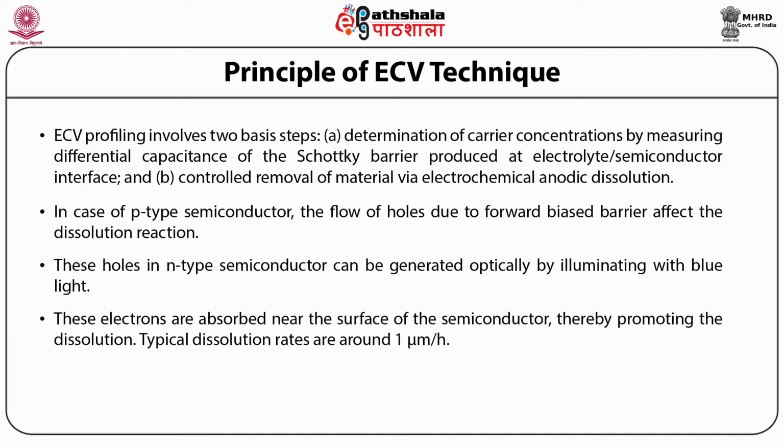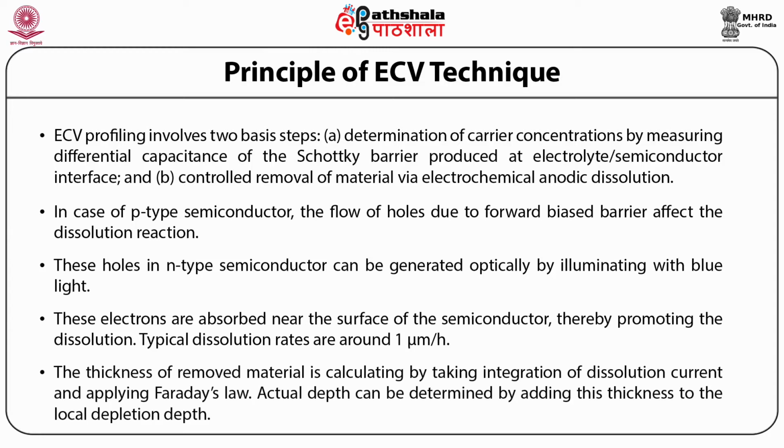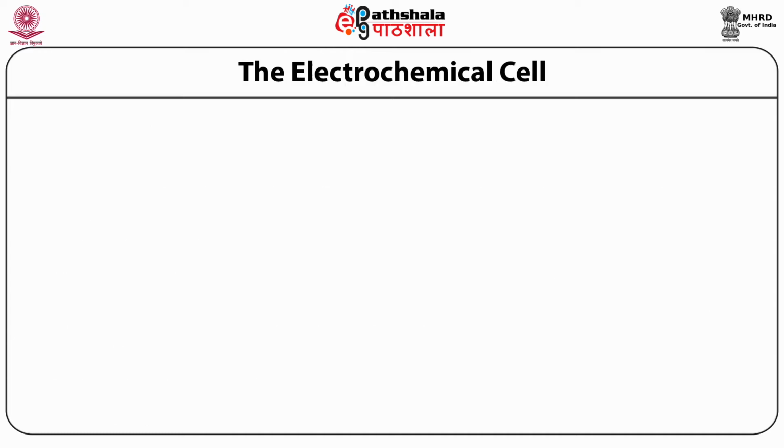These electrons are absorbed near the surface of the semiconductor, thereby promoting dissolution. Typical dissolution rates are around 1 micrometer per hour. The thickness of removed material is calculated by taking the integration of dissolution current and applying Faraday's law. Actual depth can be determined by adding this thickness to the local depletion depth.